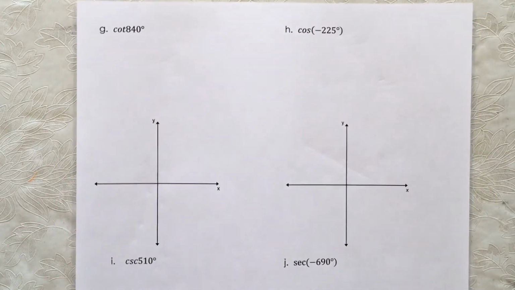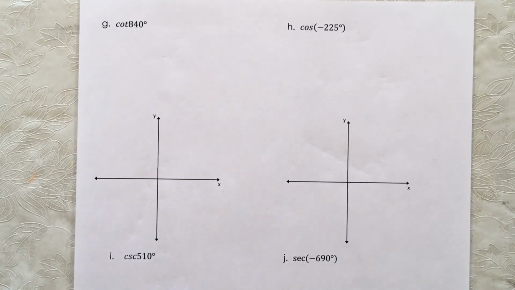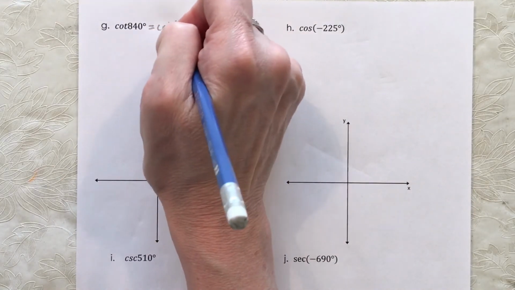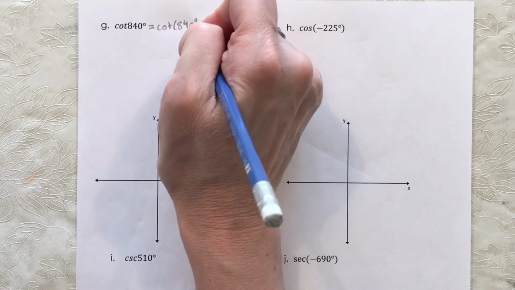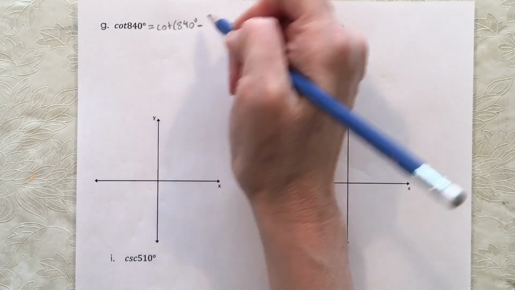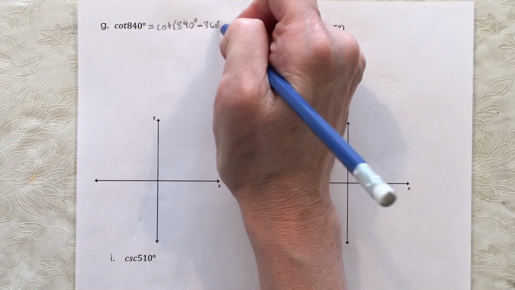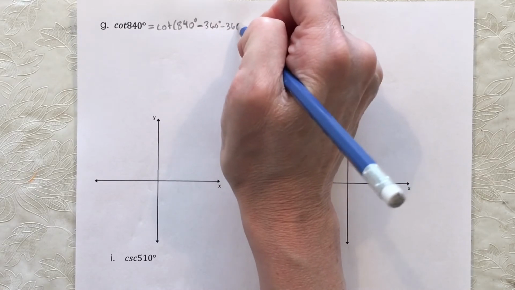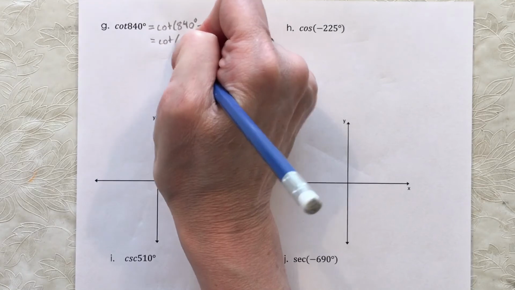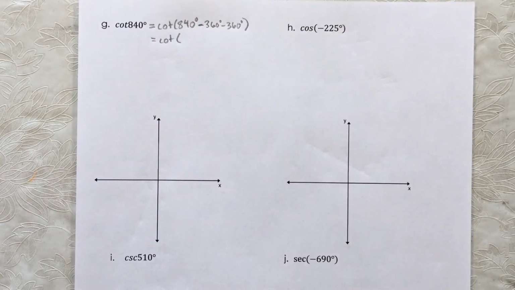Okay, cotangent of 840 degrees. So I know that 2 times around is 720, and I know 840 is bigger, so I'm going to right away go to subtracting 360 twice. You might take 2 steps to do that, but that's fine. So I'm just trying to figure out where I'm going to draw it, what quadrant.